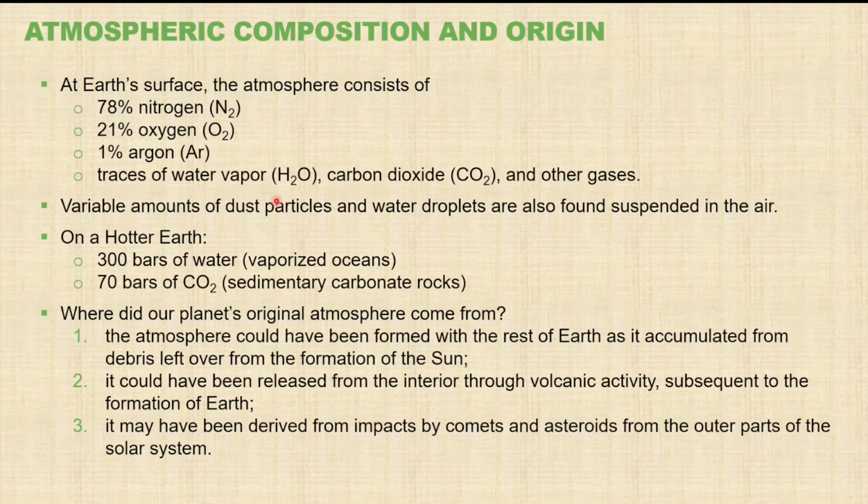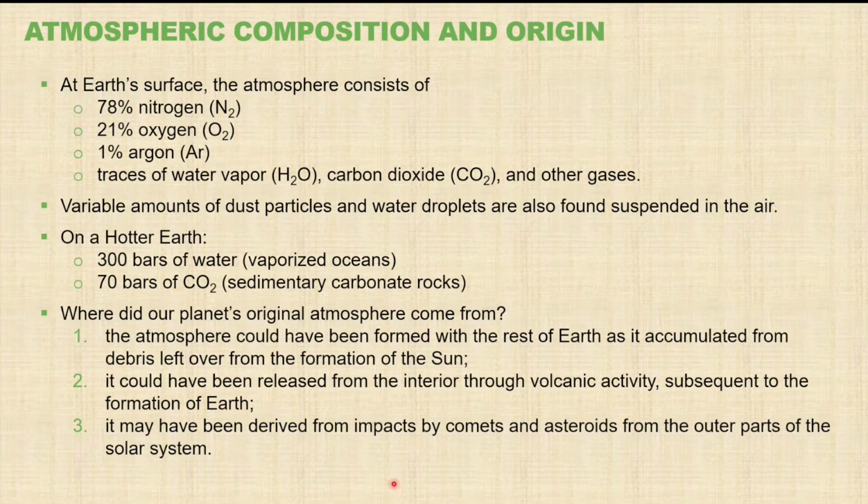And so during that process the atmosphere also formed, and the remaining part of that gas cloud, which had nitrogen and oxygen, got inside the Earth's gravity field. And so we have had nitrogen and oxygen since the formation of the Earth, about 4.5 to 5 billion years ago.